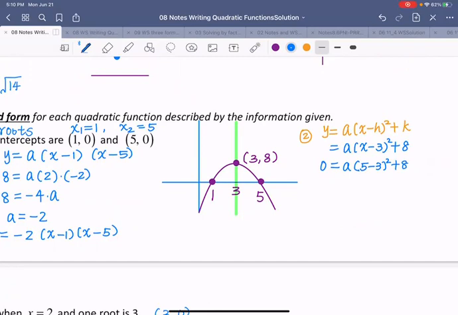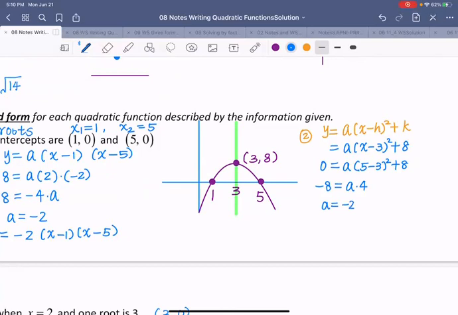Go ahead. Now let's make 8 to be on the left. 5 minus 3 equals how much? 2, 2 squared is 4, so a equals negative 2.